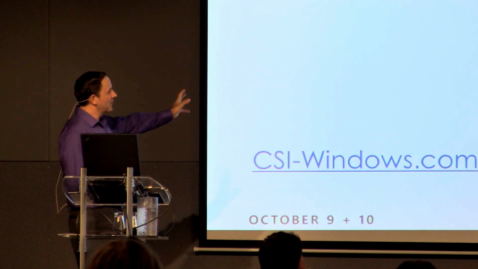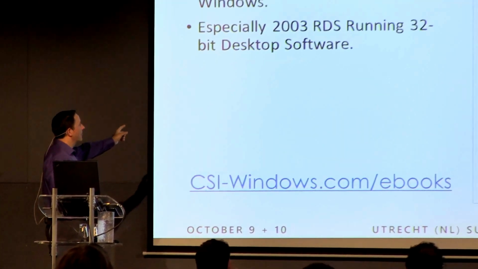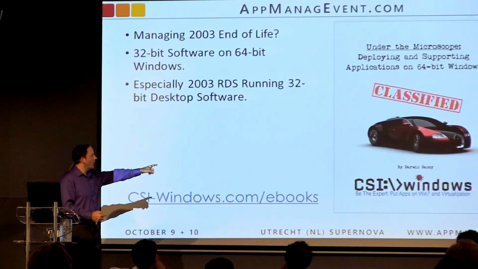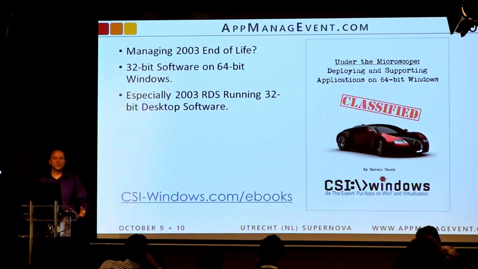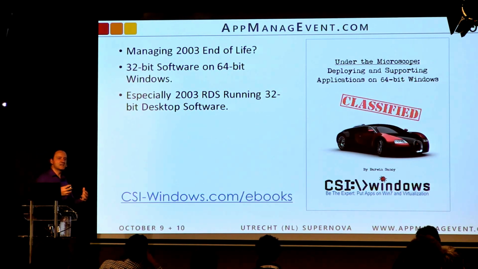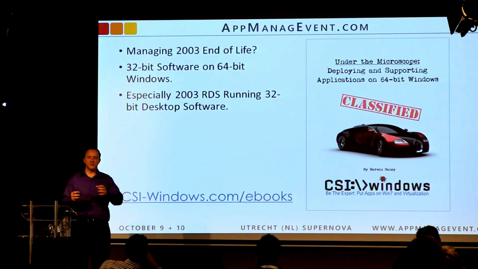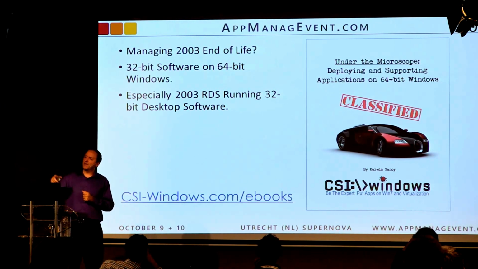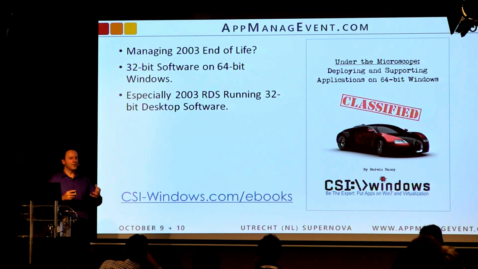Just a couple notes about what we do at csiwindows.com. This ebook has been out for a while, deploying and supporting applications on 64-bit Windows. There's a lot of gotchas that you can trip over as an IT person. Once again, as an end consumer, you install 32-bit software on 64-bit Windows. Works fine, works great. But if you're charged with deploying that software to 2,000 desktops, all of a sudden you're like, hey, these reg keys are somewhere else. Is that where they're supposed to be?